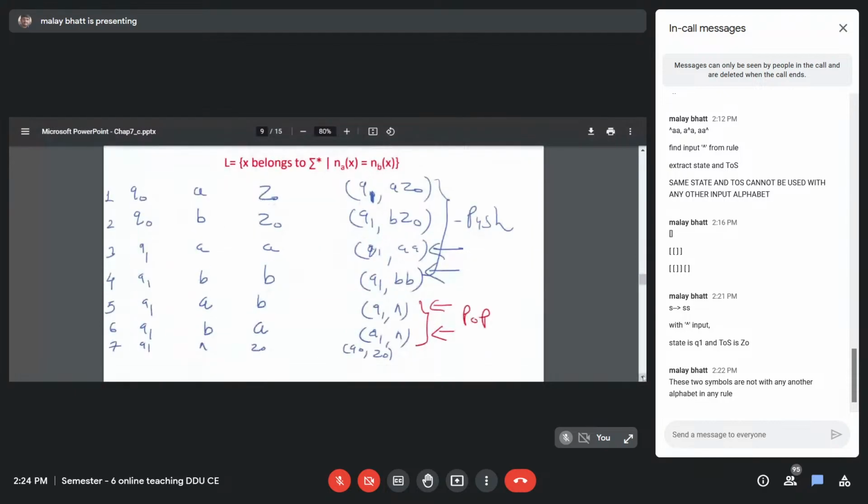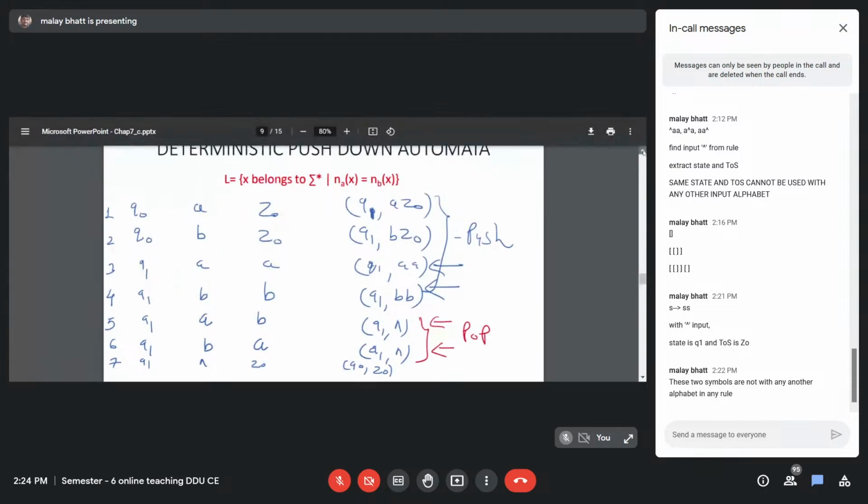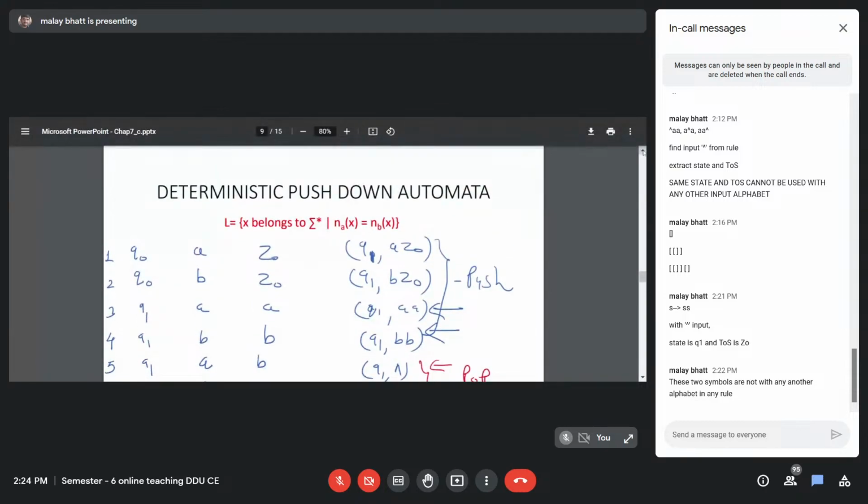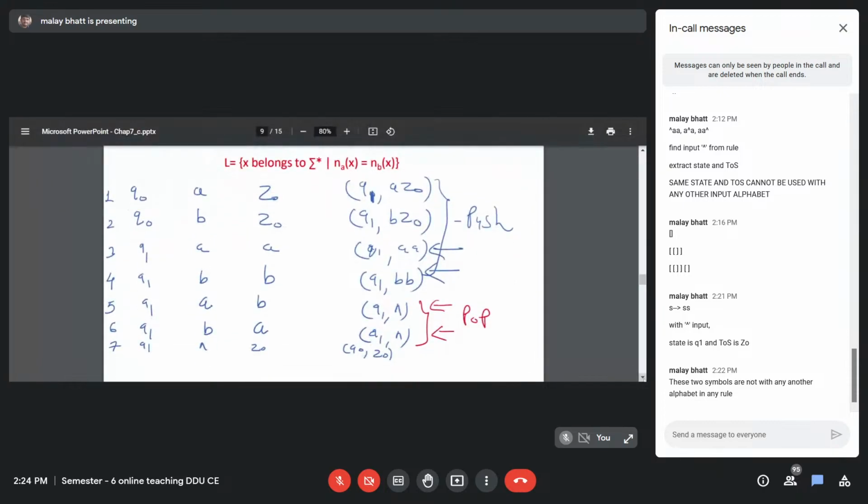Okay, now here we have one more deterministic PDA. The number of A in X is equal to the number of B in X. We want equality of A and B, but the order is not fixed.